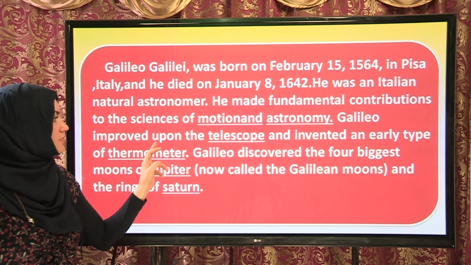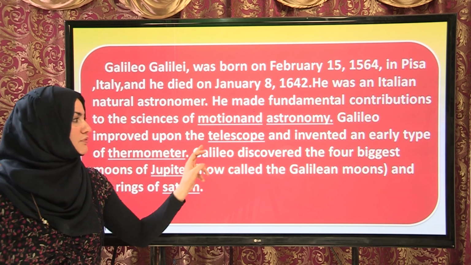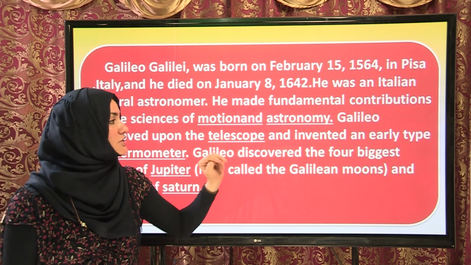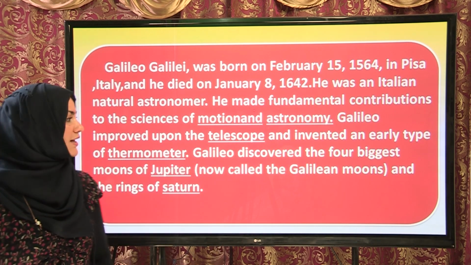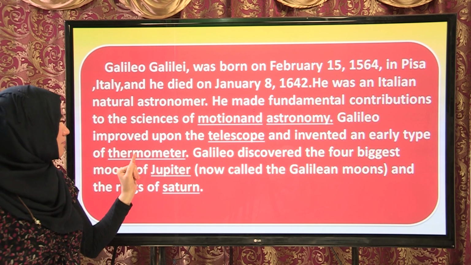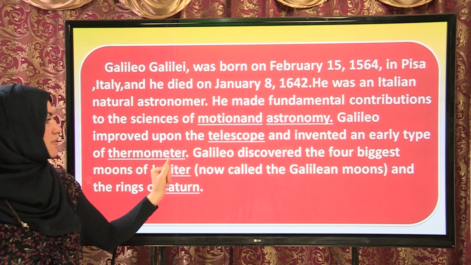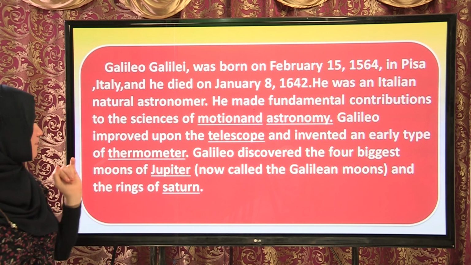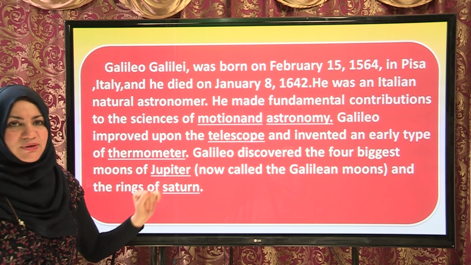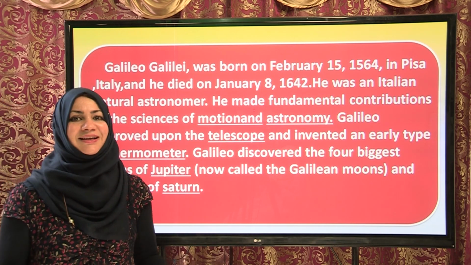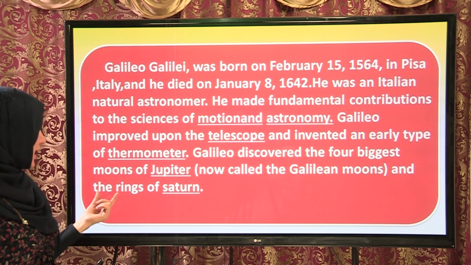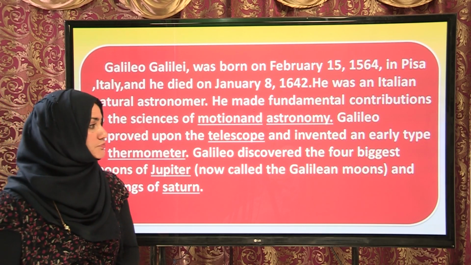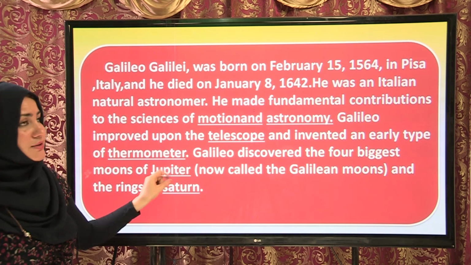Galileo improved upon the telescope and invented an early type of thermometer. Galileo discovered the 4 biggest moons of Jupiter, now called the Galilean moons, and the rings of Saturn. These are 2 planets.